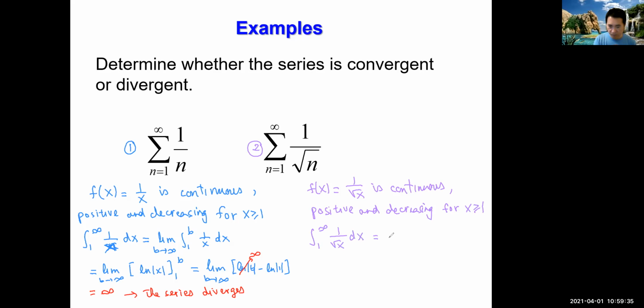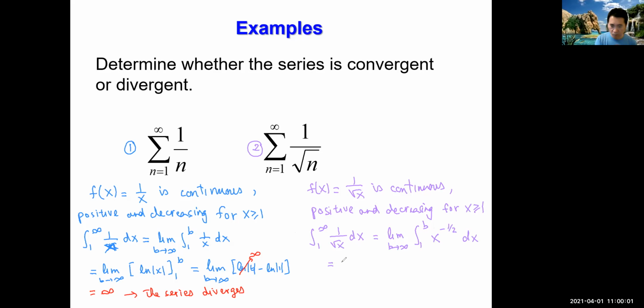Once again, by definition, that is the limit of the integral from 1 to b, 1 over root x. Now, to help integrate this quickly, we don't have 1 over x but 1 over root x, so you have to rewrite that as x to the negative 1/2 power. So we can use the power rule there.